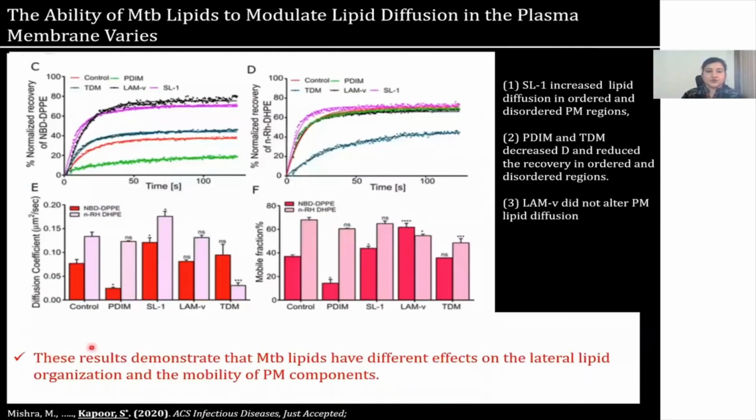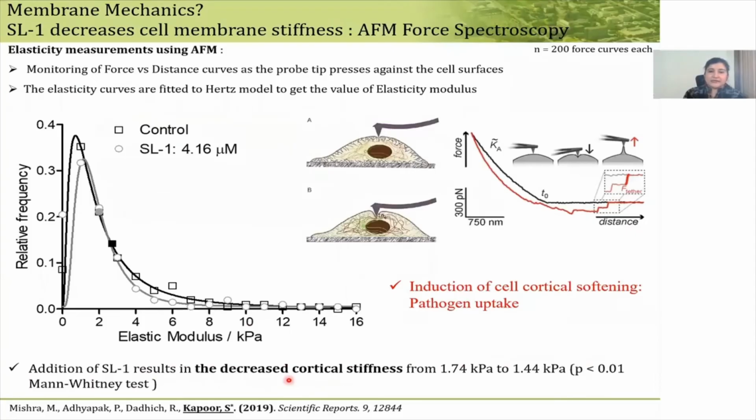And what we were able to show was that whereas sulfoglycolipid 1 increases the diffusion in the two different domains, other lipids, for example TDIM and PDIM, reduce the diffusion of the plasma membrane components, again suggesting that these mycobacterial lipids have different effects on the lateral lipid organization as well as the mobility of the plasma membrane components.